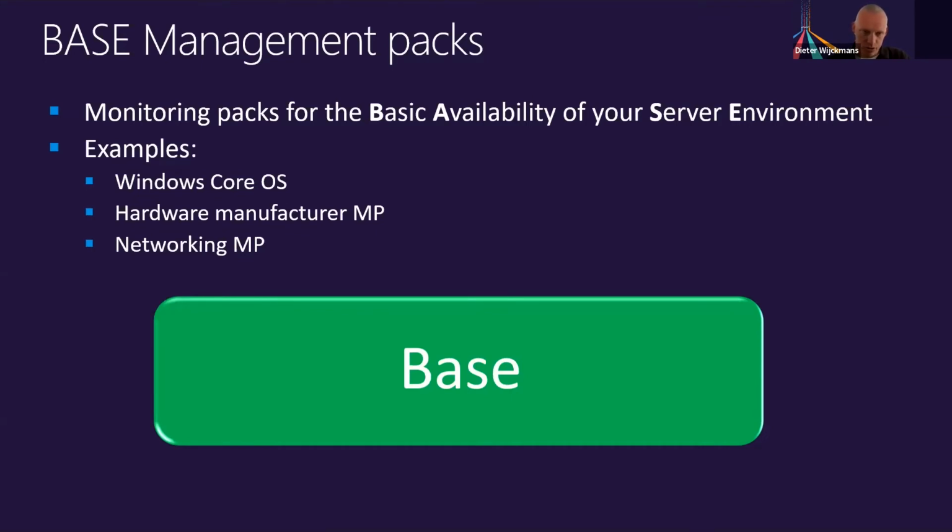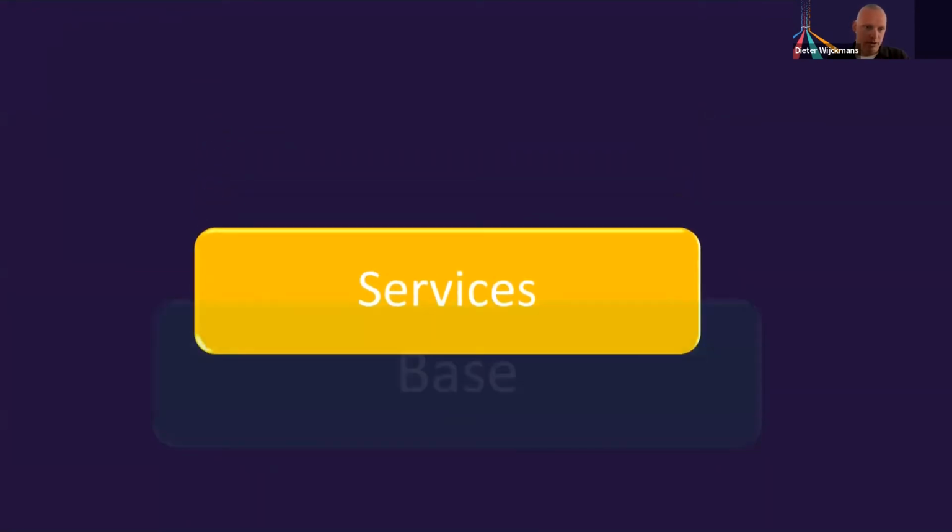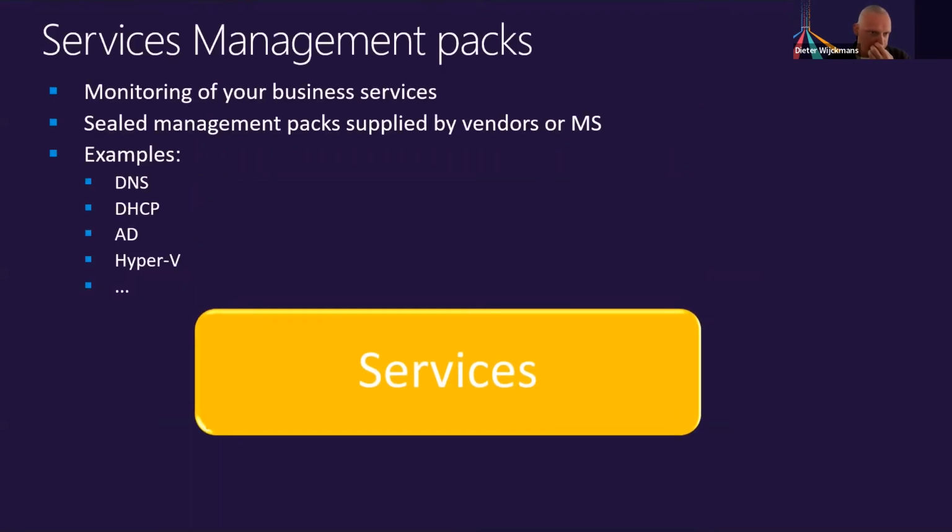Get the base first, and then the second one will be the services. What are the services? In my belief, the services management packs are the monitoring of your business services. Those are most of the time sealed management packs supplied by vendors or Microsoft, for example DNS, DHCP, Active Directory, Hyper-V, but also other management packs which you buy, for example, to monitor Oracle.